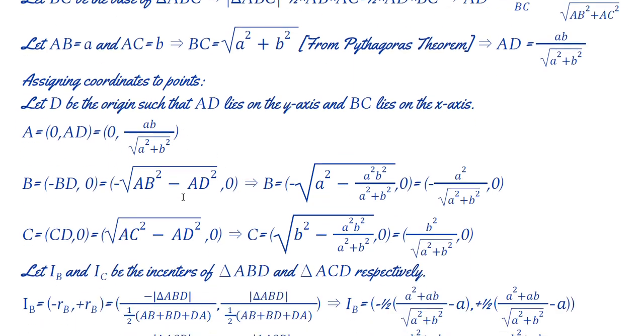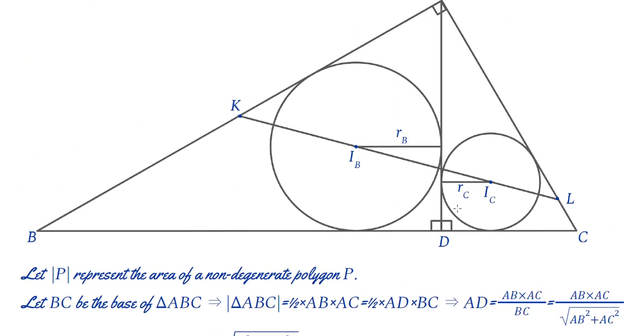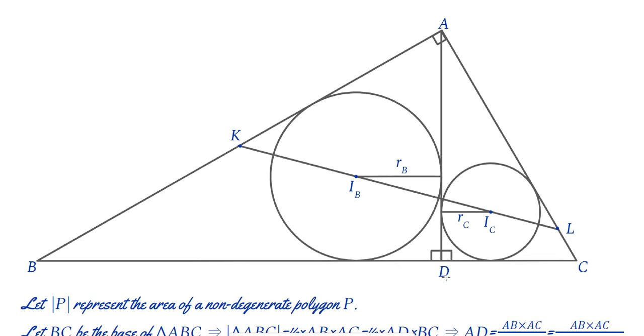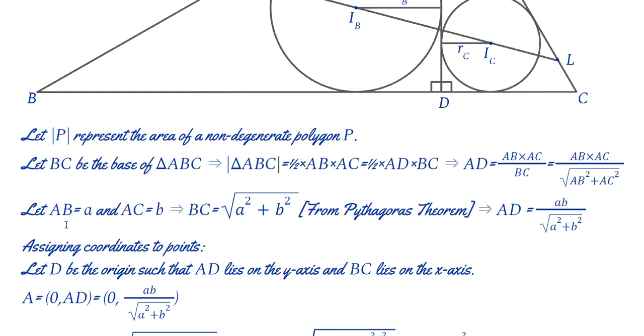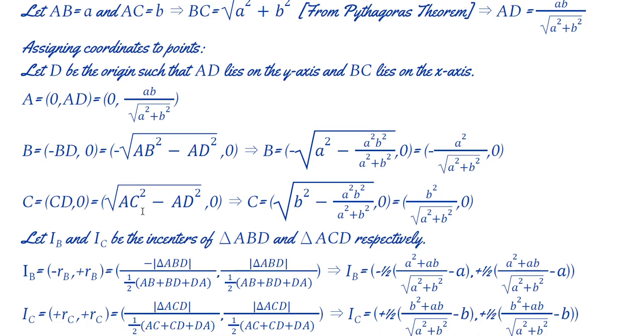Then we're going to be assigning coordinates. So A is (0, AD), obviously, because this is 0, so it'll be AD above D. So it'll be (0, ab by root a squared plus b squared). And B is on the left side of D, so it'll be negative.